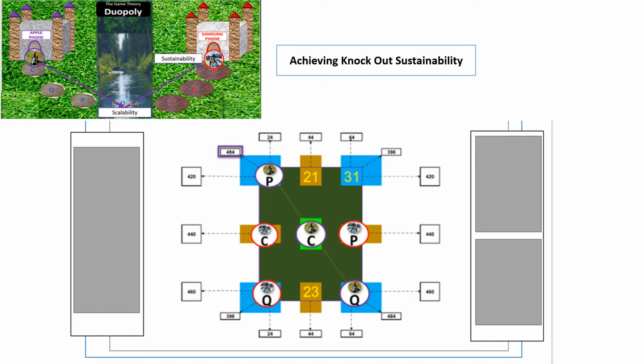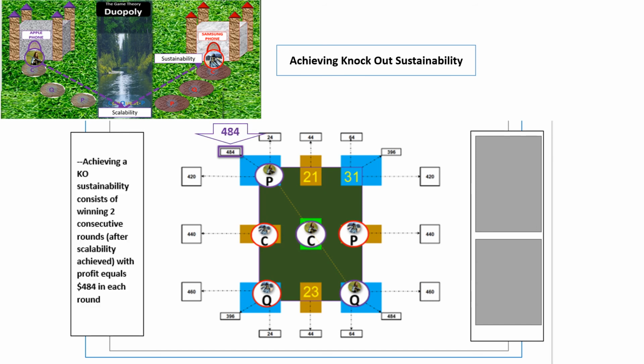This will be an illustration of the other possibility of achieving sustainability, which is described as a knockout sustainability. Achieving a knockout sustainability consists of winning 2 consecutive rounds after scalability with profit equal to 484,000 in each round.